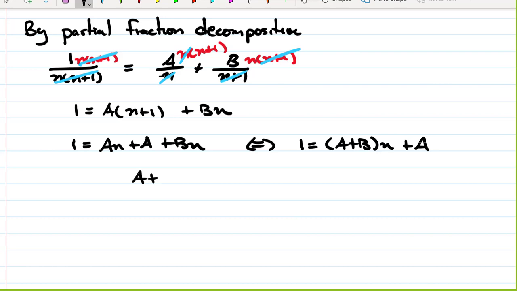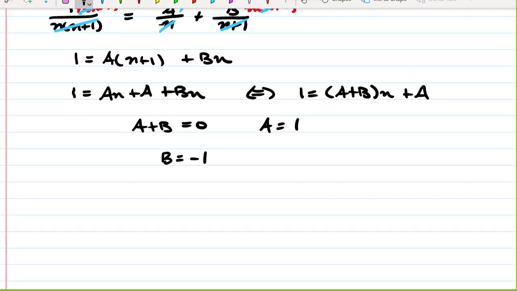A plus B has to equal 0, and A has to be 1. Well, if A has to be 1, then B has to be negative 1. So that tells us then that 1 over n times n plus 1 is equal to 1 over n, and then B is negative, so minus 1 over n plus 1.